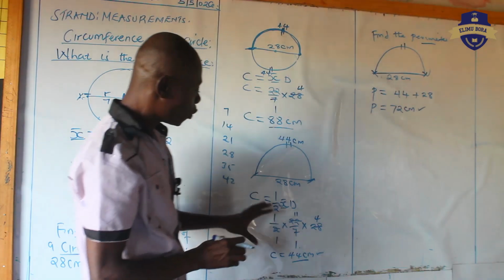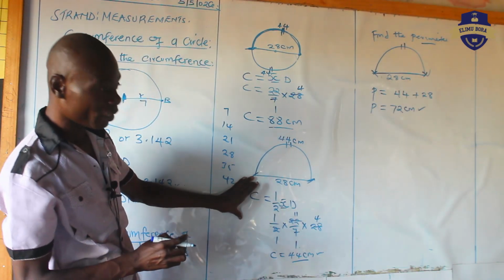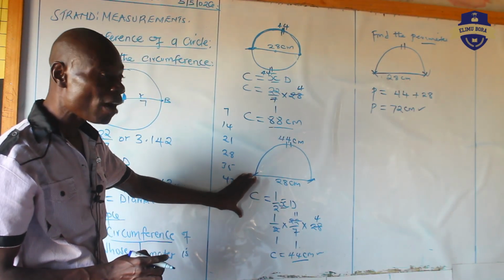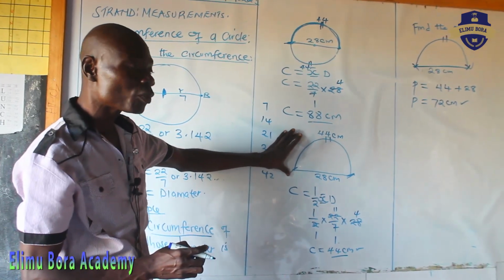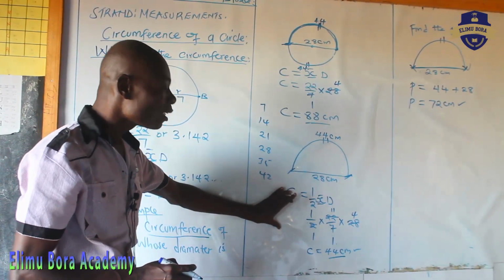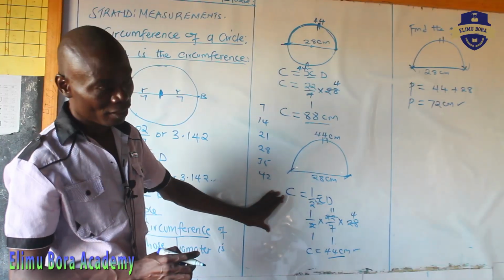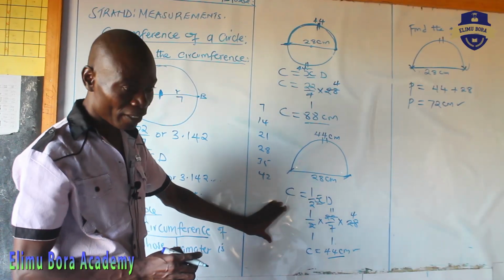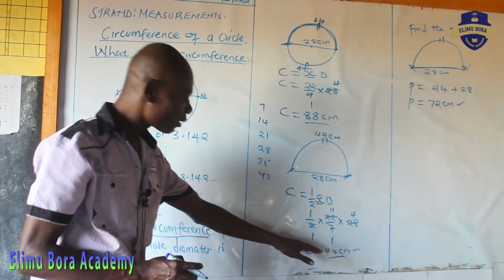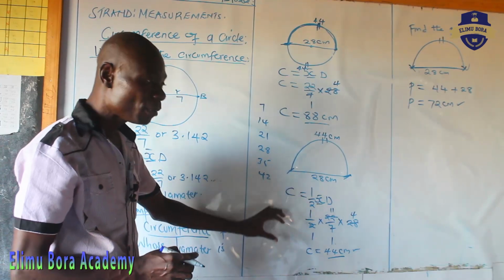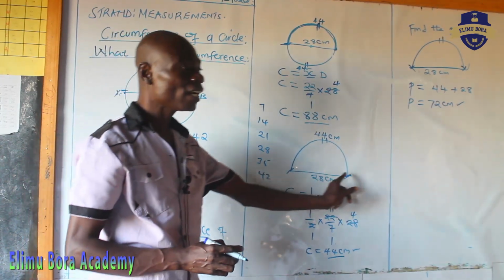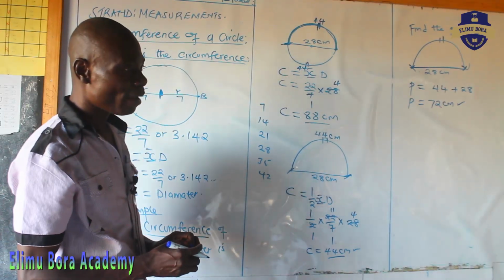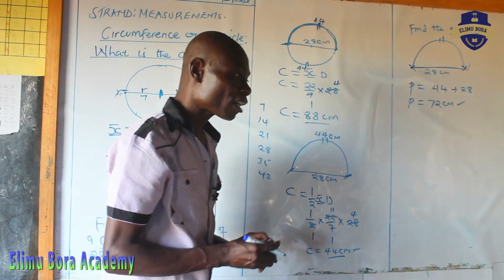These are the two concrete ideas that you have to understand. They bring you a semicircle so that you can find circumference, or they can ask perimeter. If they ask circumference, it's just half pi d, and that's the answer. If they say perimeter, you get the circumference of that semicircle first, then add the diameter line. I hope we have understood.